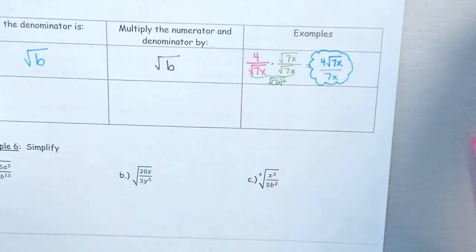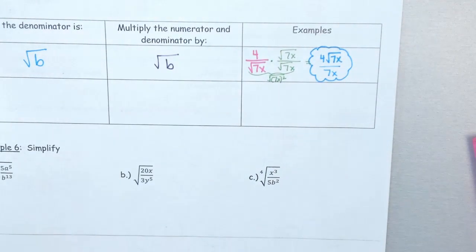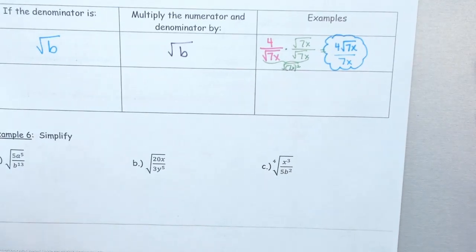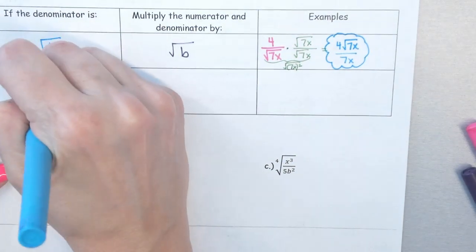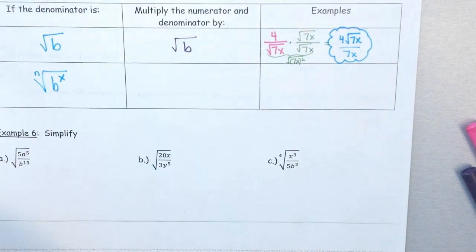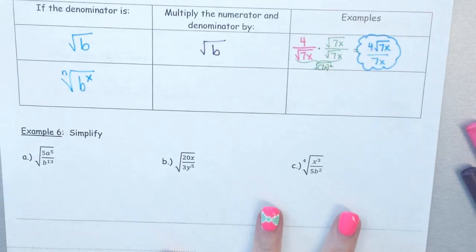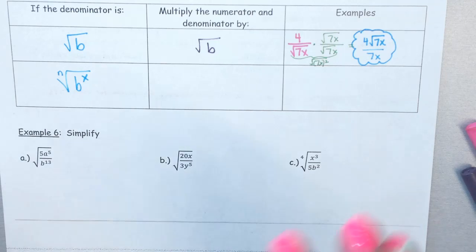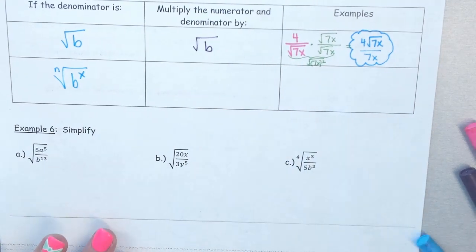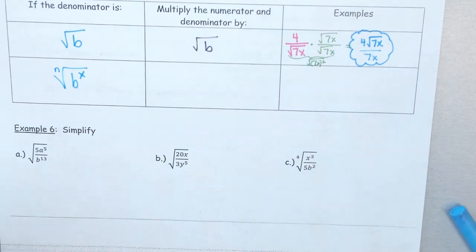Okay, and then Silas mentioned, well, sometimes it's not a square root, right? Sometimes we have a cube root or a fourth root. So that's going to be a different pattern. If you have the nth root of b to the x power, there is a formula that we can derive. We're going to do the example first, and then talk about what that is.